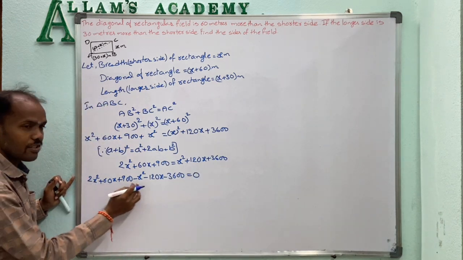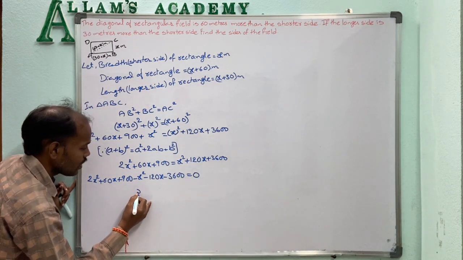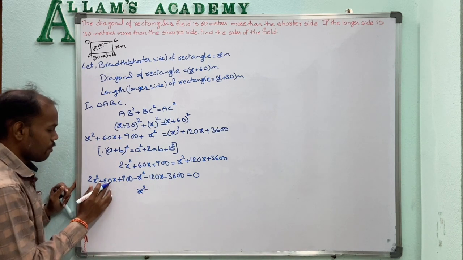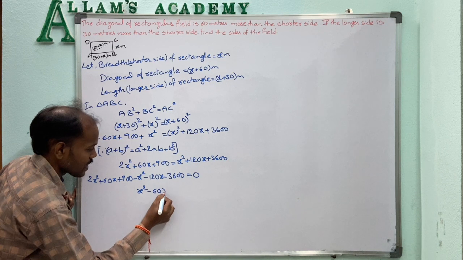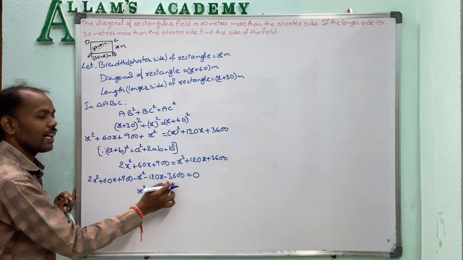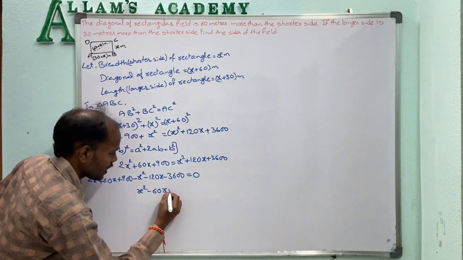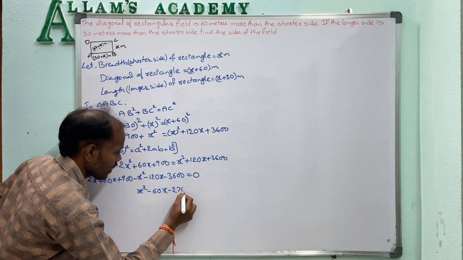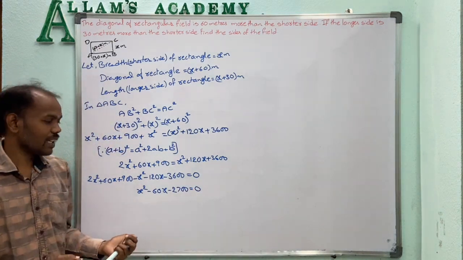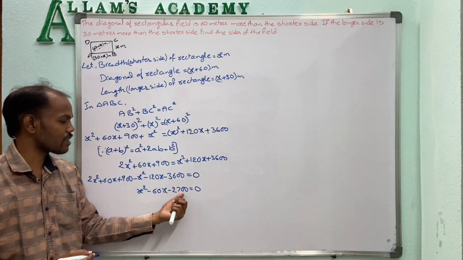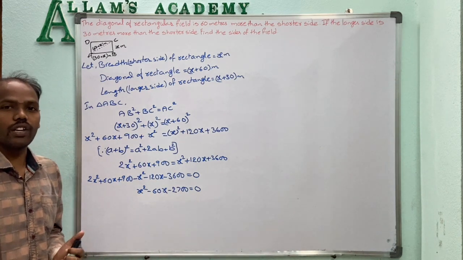Now 2x square minus x square equals x square, 60x minus 120x equals minus 60x, and 900 minus 3600 is minus 2700, equal to 0. Now we get the quadratic equation x square minus 60x minus 2700 equals 0.